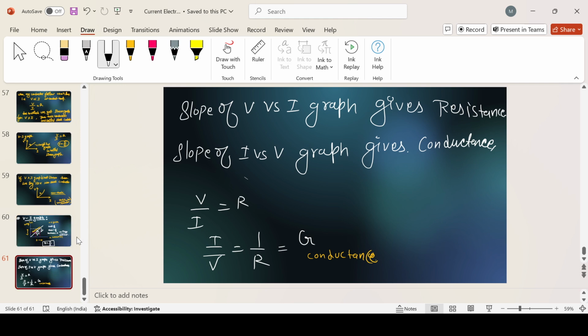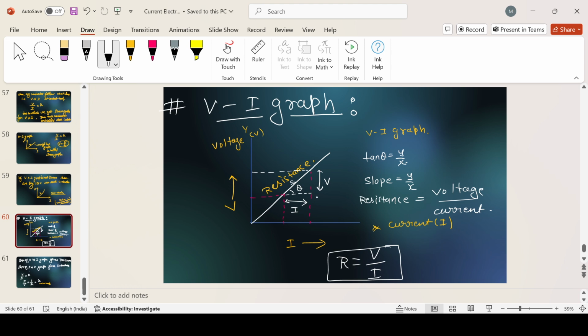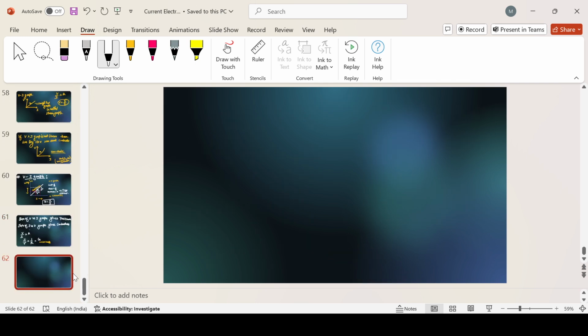Now see what is happening here. In this condition, we have taken V and I as constant values. Now if V and I are changing, then what will happen?